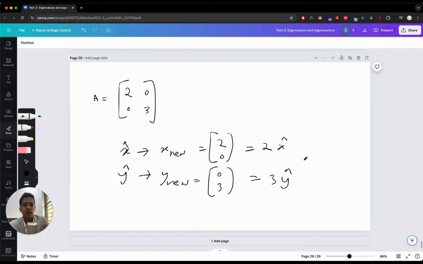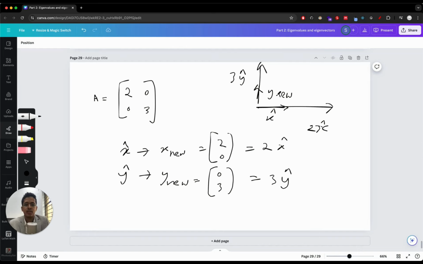So now you can already see that x new and y new are aligning. If this was x hat, x new would be this, 2x hat. And if this was y hat, sorry for my handwriting, I'm writing fast here, then y new is 3y hat.